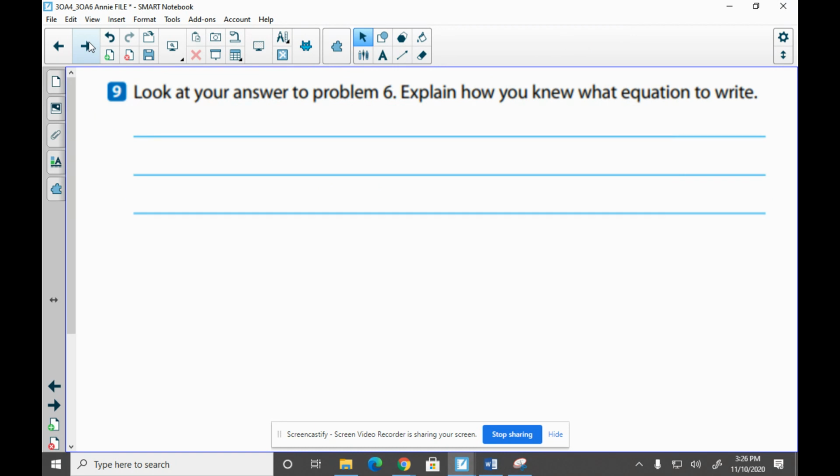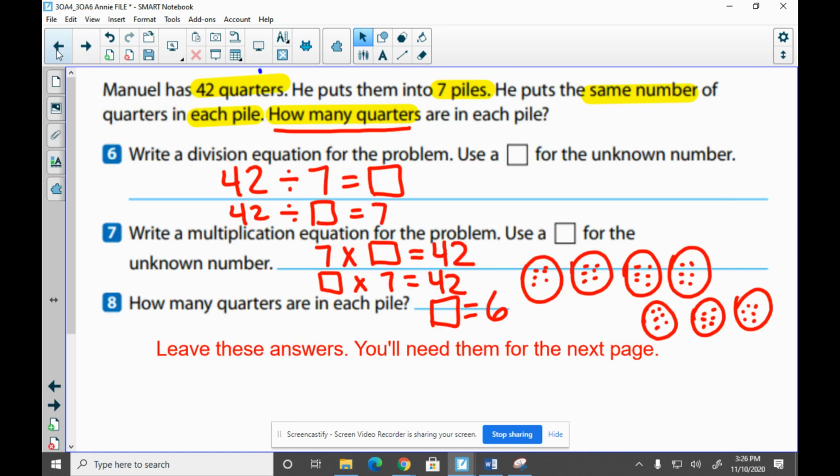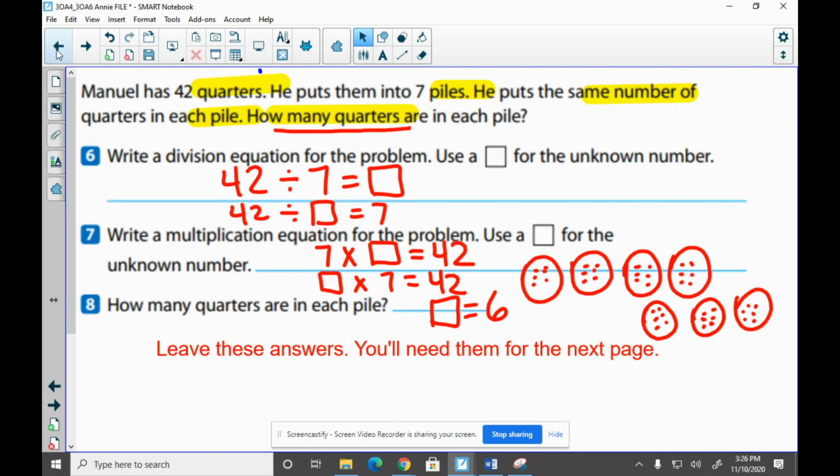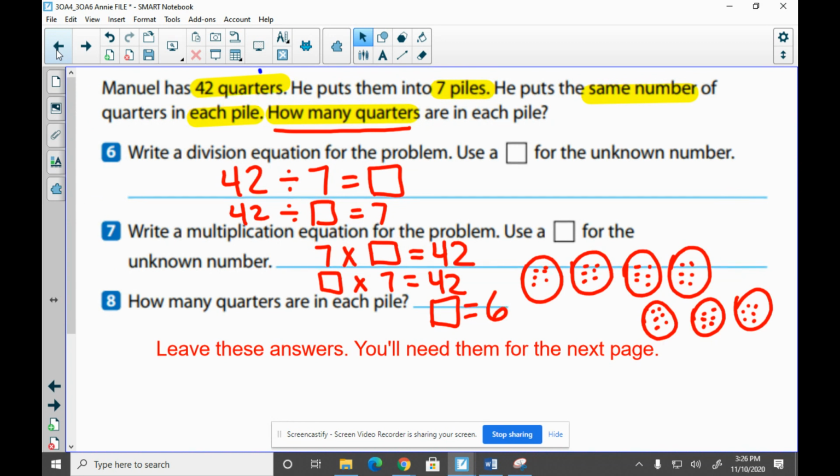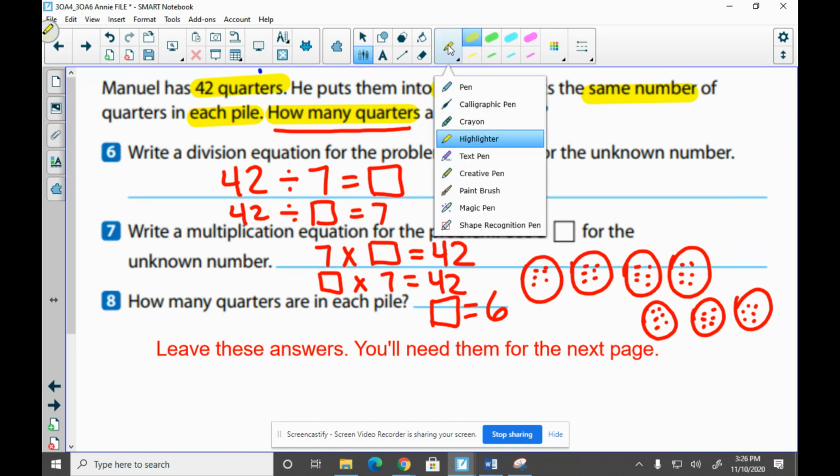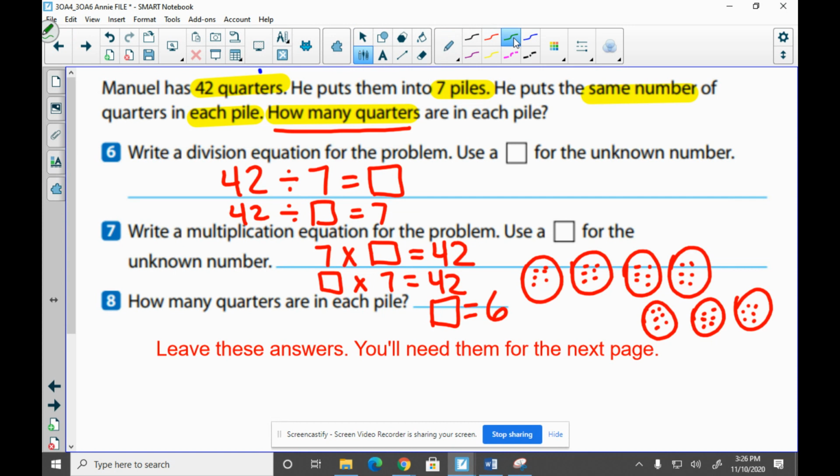Let's go back and look at our answer to problem 6. Explain how you knew what equation to write. And I think we went ahead and talked about that as I was building each sentence. The 42 is your total. It has to go at the beginning of a division sentence. And it has to go at the end of a multiplication sentence.